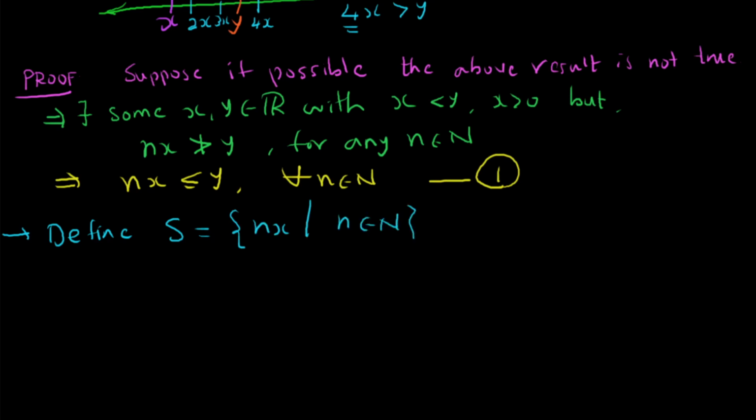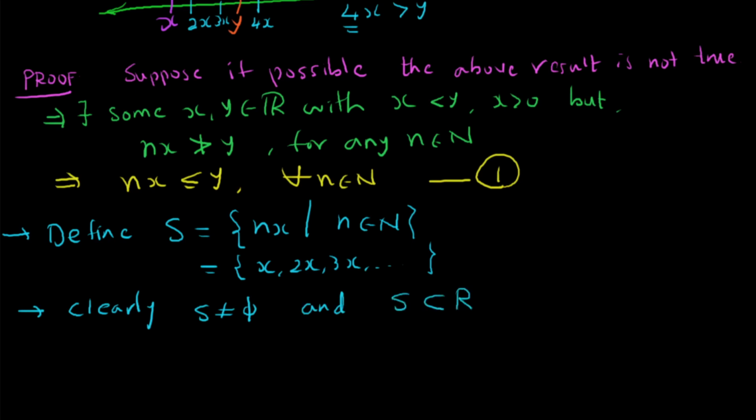Means the set S contains x, 2x, 3x, and so on. So our set S is this. Note that here x is a real number, and therefore it is also in S, and therefore S is non-empty. So first of all, it is clear that S is not empty, and since x, 2x, all are real numbers, this S is a subset of R. So we have these two properties of the set S.